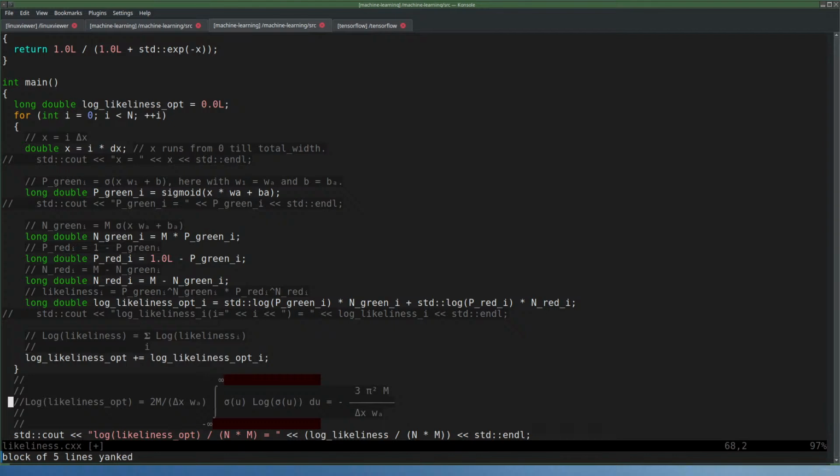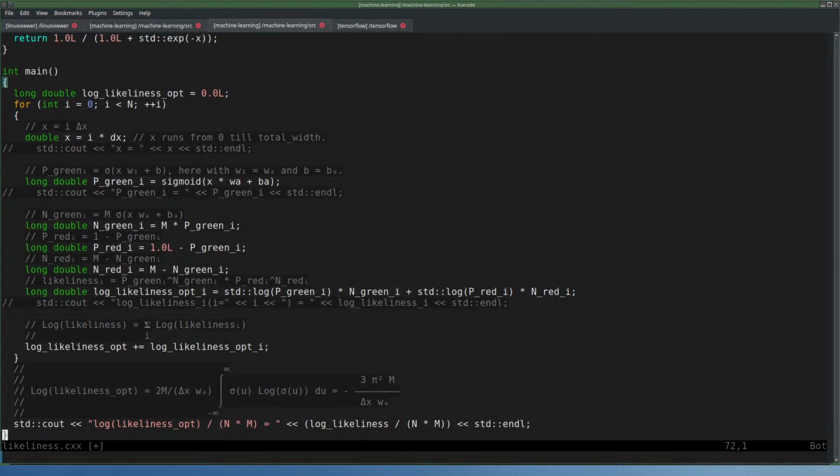What am I doing? Space here. Yeah, so let's just divide by, or might as well multiply by, but well, no. Let's divide by m divided by delta x.